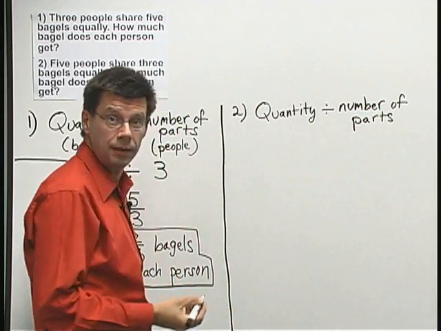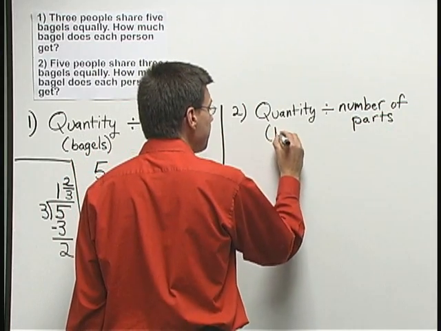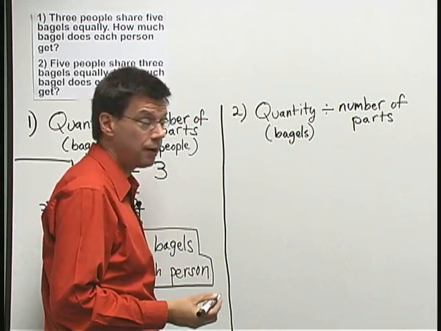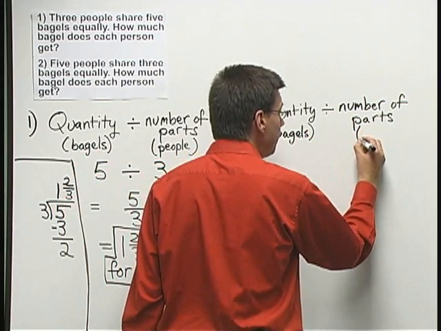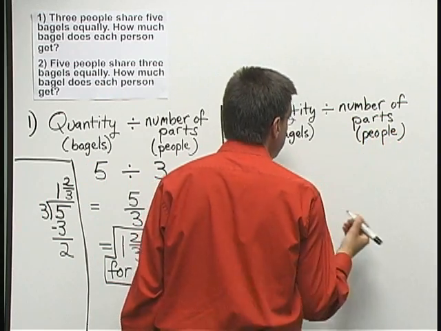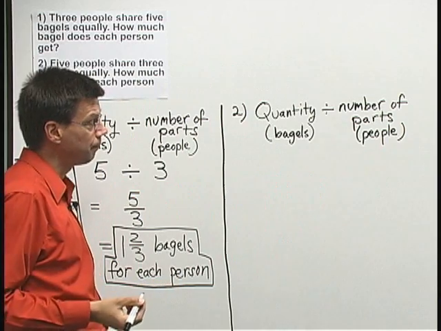The quantity is still the bagels. And the number of parts is the number of people. And that's the same as the number of plates that were involved.